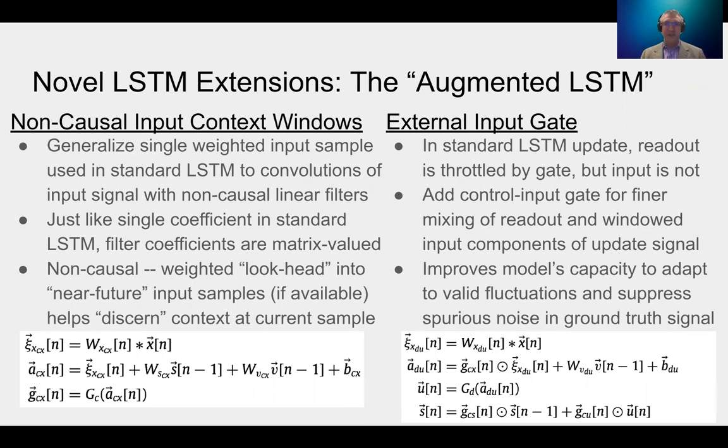The new control input gate, denoted as GCX, is applied to the windowed external input signal in the data path. The equalization of the external input signal and the readout signal facilitates an enhanced control of the update signal, which is aimed at improving the model's signal-to-noise ratio capabilities.